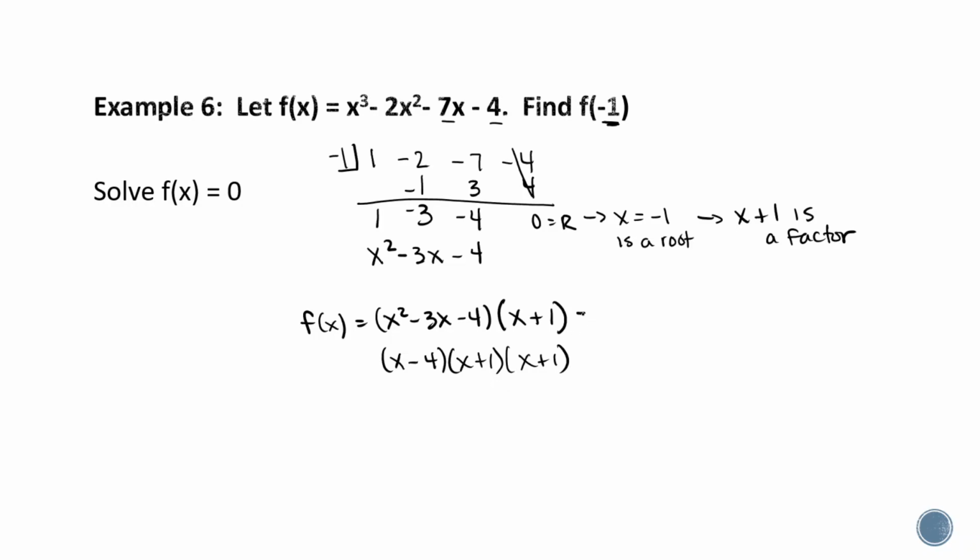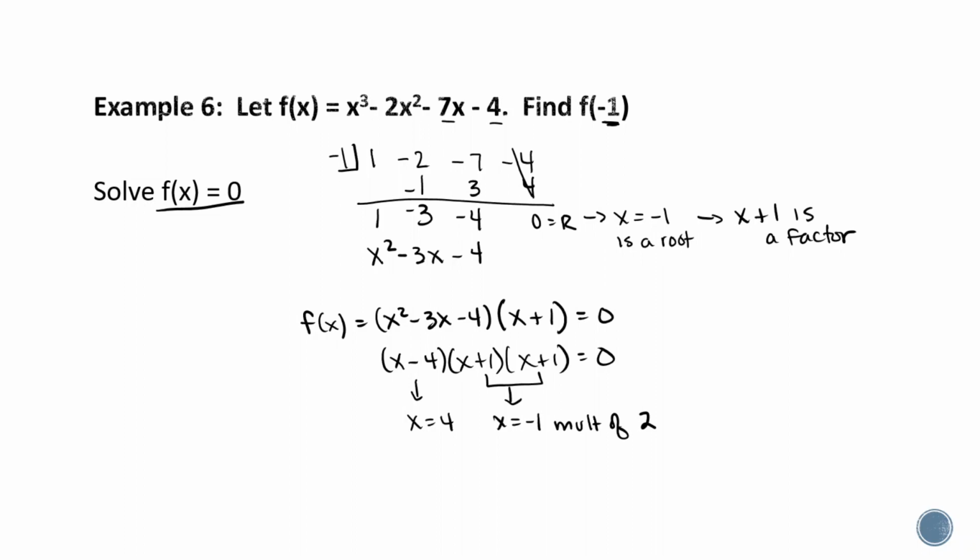And so now if I want this to equal 0, because that's what it's asking me for, I know that x would equal 4. And both of these would give me x equals -1 with a multiplicity of 2. So I can use the synthetic division to help me factor, okay, which will help me solve and find the roots.